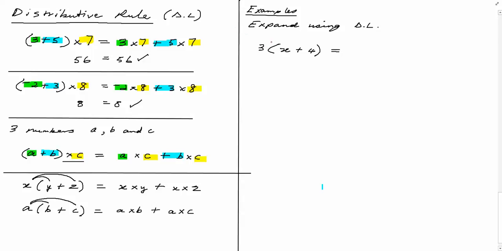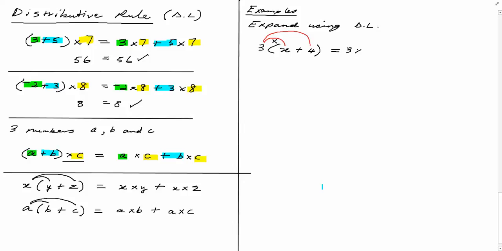It's probably easier. Textbook will often draw lines in like this. Keep in mind, think 3 outside the brackets is saying 3 times whatever's in the brackets.